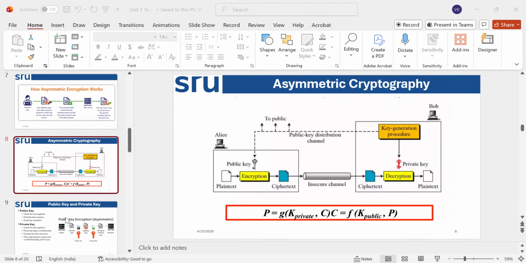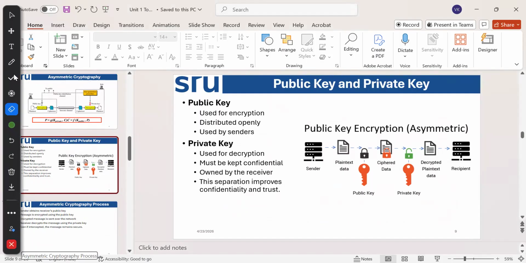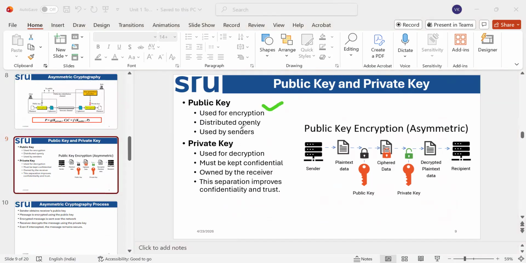Let's see the public key and private key. Clearly, the public key is used for encryption, distributed openly, and used by senders. The private key is used for decryption, must be kept confidential, and is owned by the receiver.